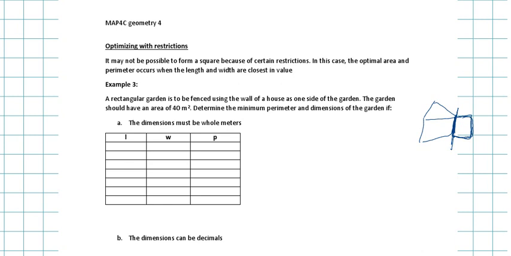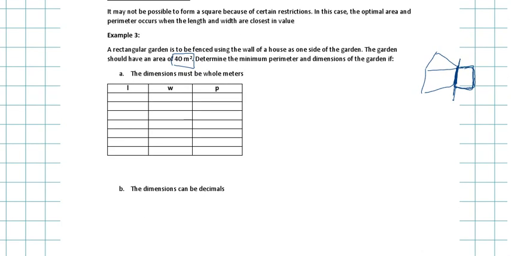We're not going to even bother with decimals. So I know that my area should be 40 meters squared. What length and width would give me 40 meters squared? Let's start with, if the length is 1, what would be your width?